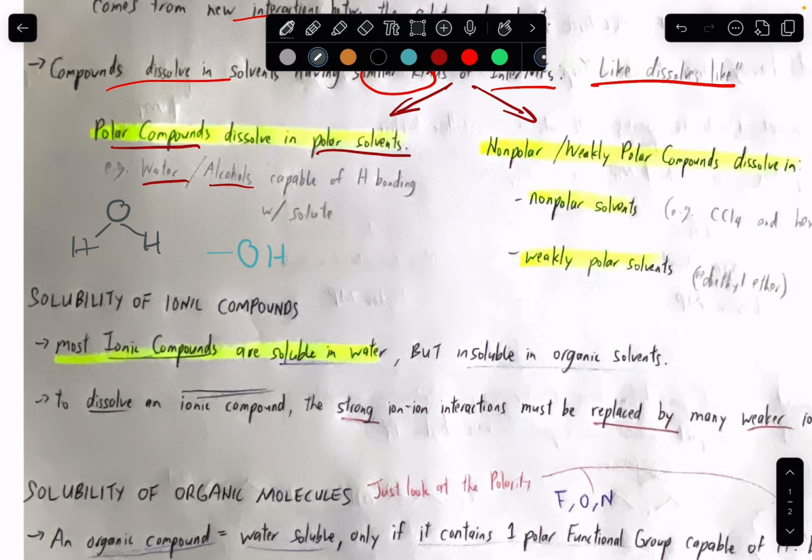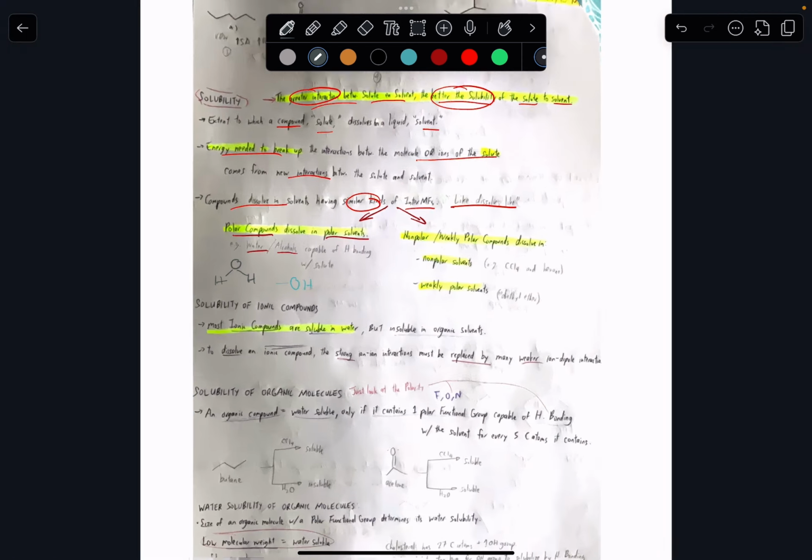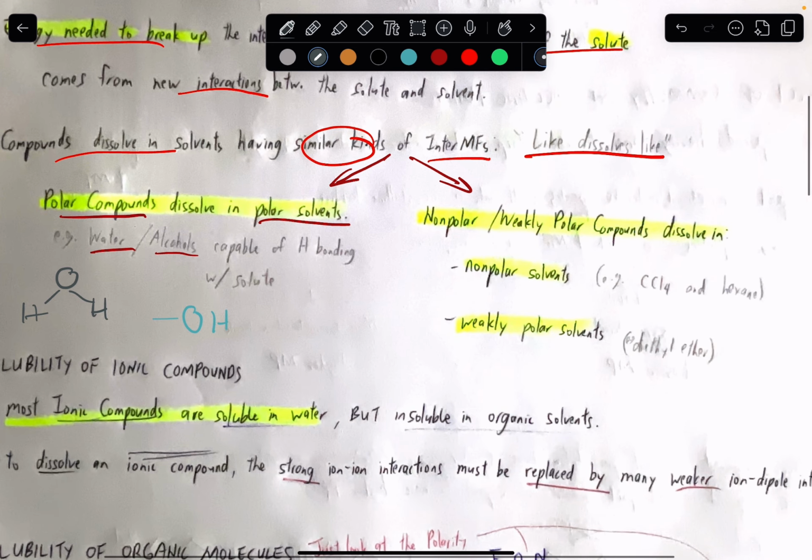So, ayun, they dissolve in polar solvents. Ibig sabihin, hydrogen bonding is involved. Kung hindi kaya mag-hydrogen bonding, ibig sabihin, insoluble. Or you cannot dissolve this specific compound or solute in a solvent.